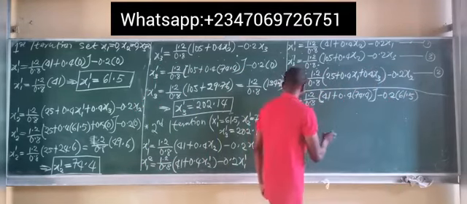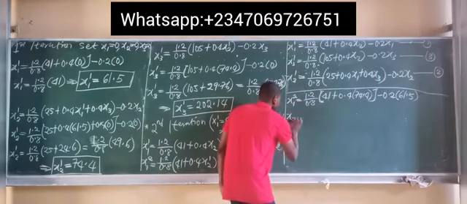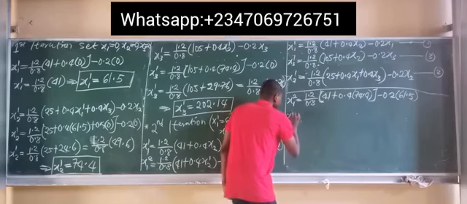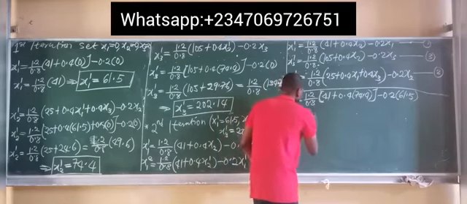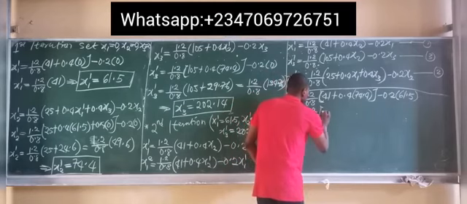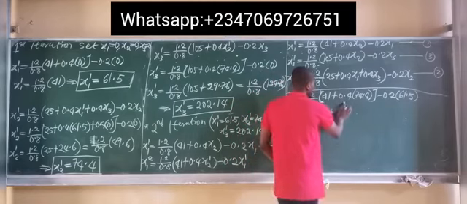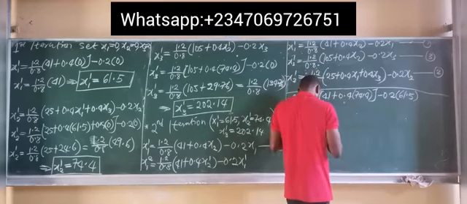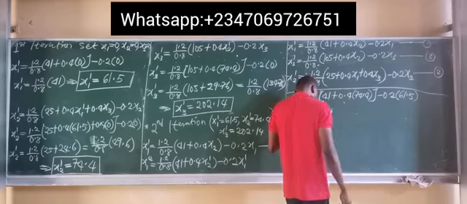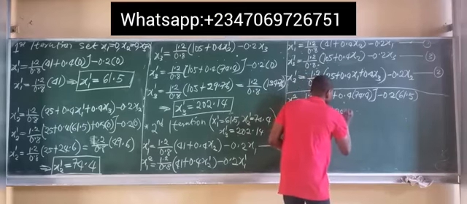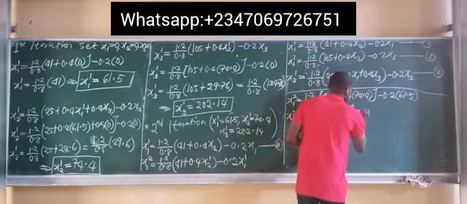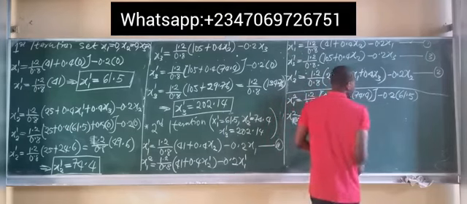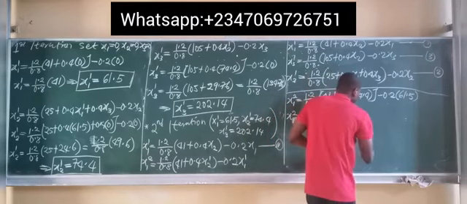This simply means that x1 of 2 is now equal to 1.2 all over 0.8 into 41 plus 0.4 multiplied by 74.4 gives us 24.6 minus 0.2 multiplied by 61.5.